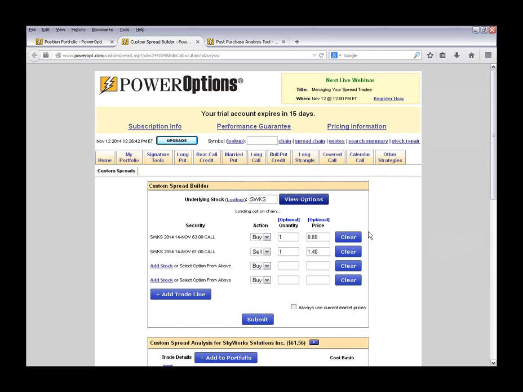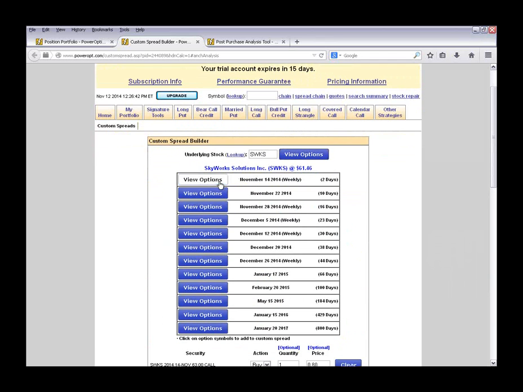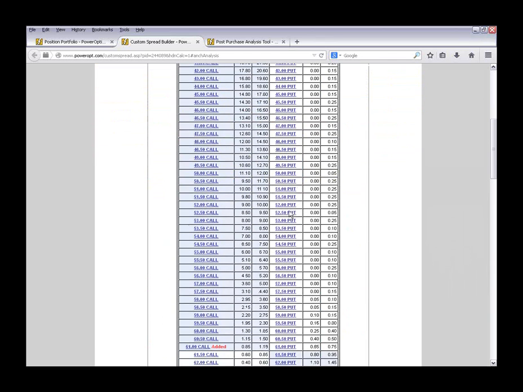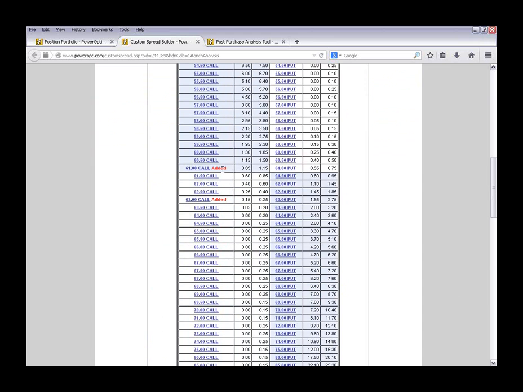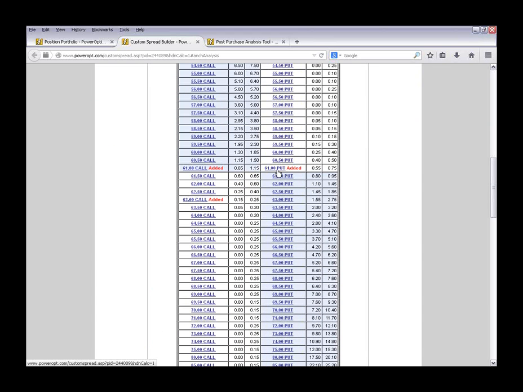When we looked at the view options link here, we'll go into the view for our bear call. We see the two that we've added, $1.15 natural ask with an 85-cent bid. So let's assume we got midpoint. Oh, sorry, I didn't mean to do that. Let's assume that we got the midpoint prices when we closed our spread position today. So between 85 cents and $1.15, we would buy to close our 61 call that's threatened for $1.